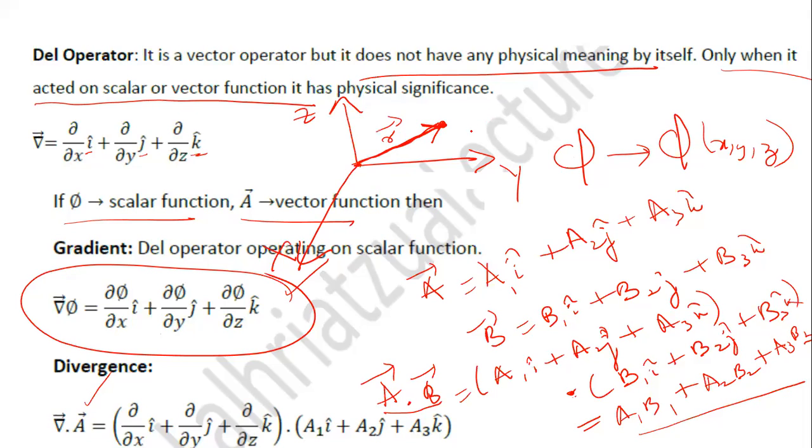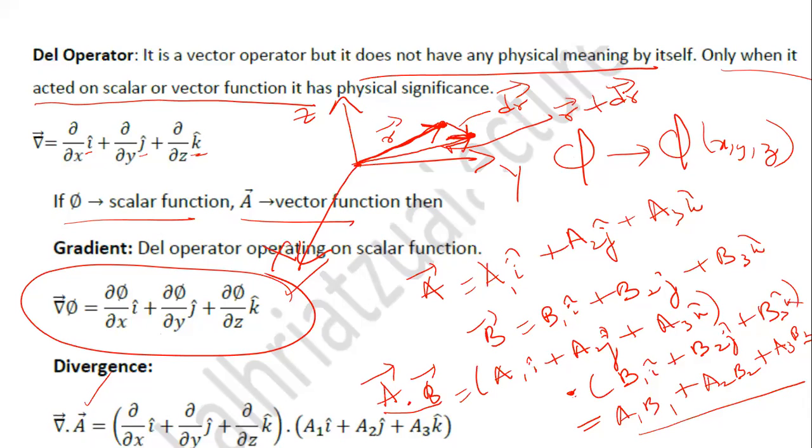Now if you move to another point here, this increment or small change in r vector is called dr vector. So the new position vector here, if you consider vector addition law, will be r vector plus dr vector. I hope you know this.